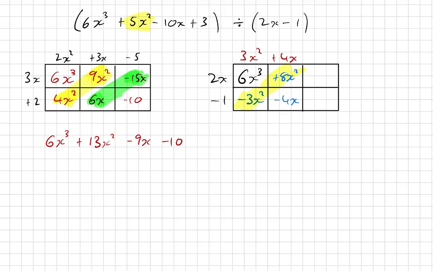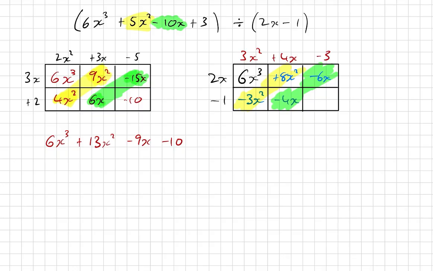Now again I'm a bit stuck, but my diagonals should add to give me the terms from the original polynomial. So this -10x: this term and whatever goes in this box should give me -10x. So -4x and -6x will give me -10x. Now I can do the dividing again. -6x divided by 2x gives me -3.